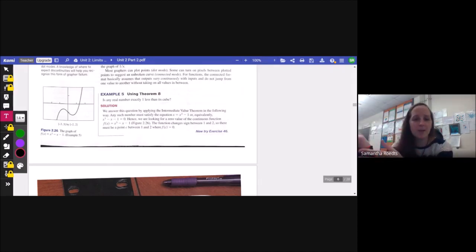Any such number must satisfy the equation x equals x cubed minus 1, or equivalently x cubed minus x minus 1 equals 0. So we're looking for a 0 value of the continuous function f of x equals x cubed minus x minus 1. The function changes signs between 1 and 2, so there must be a point C between 1 and 2 where f of C equals 0.